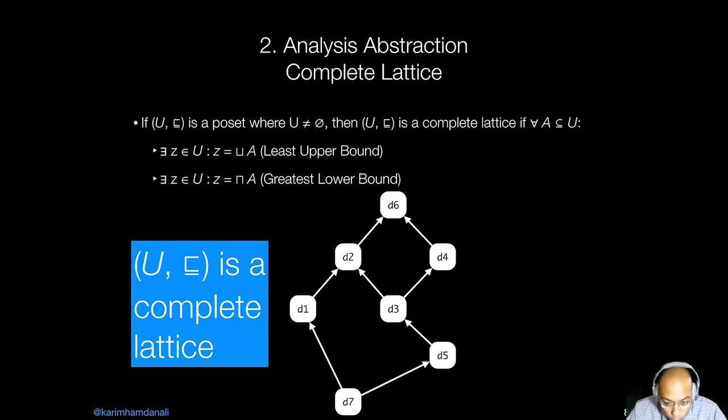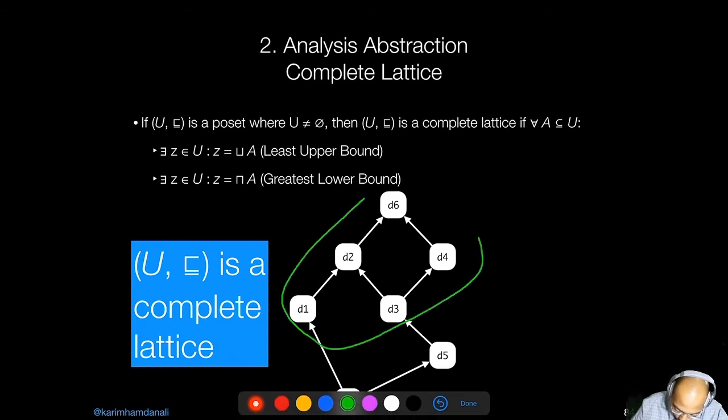Slide number 84 in this topic. Okay, going back to your question, if we take a subset, say D1, D2, D3, D4, and D6, this is your subset. It is not a lattice.